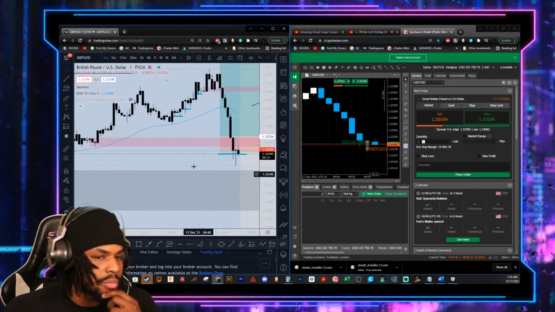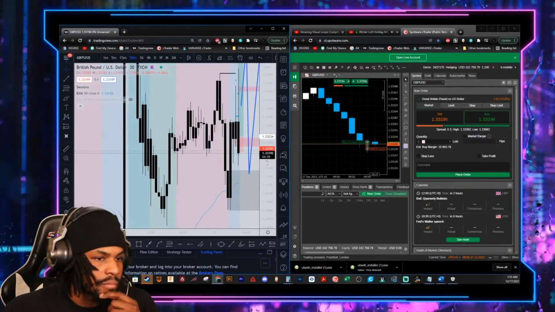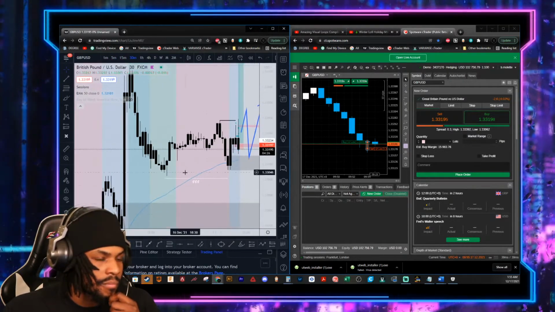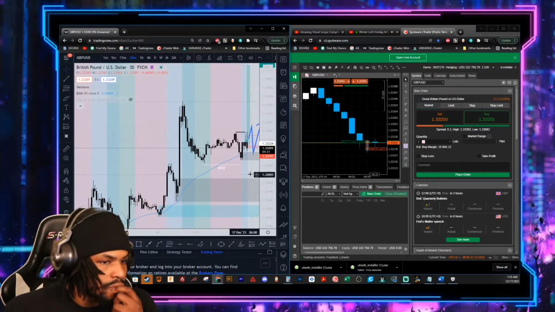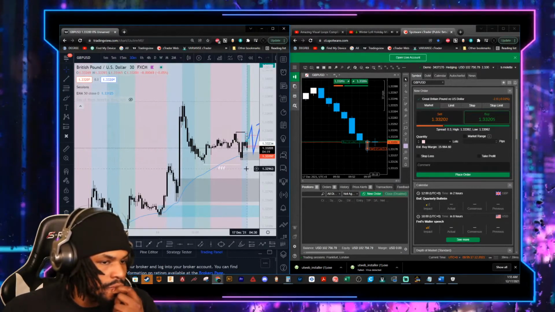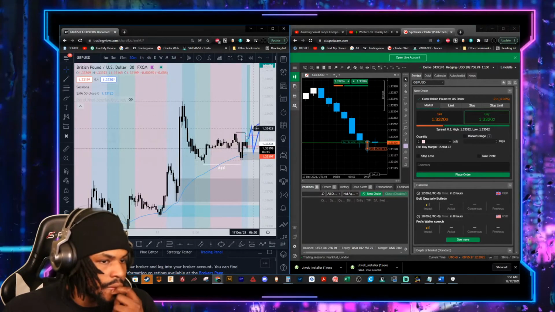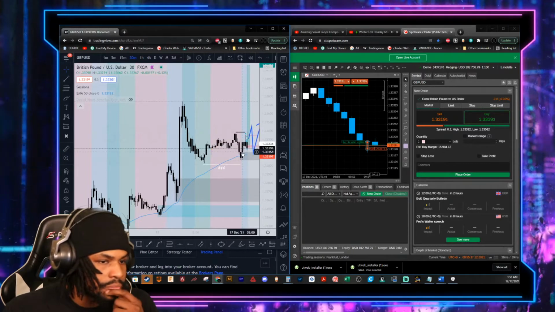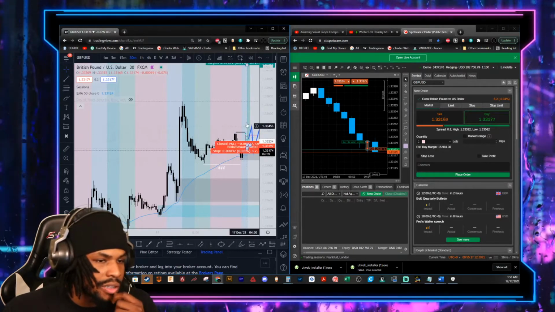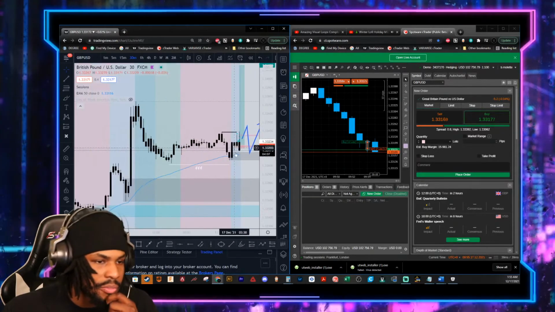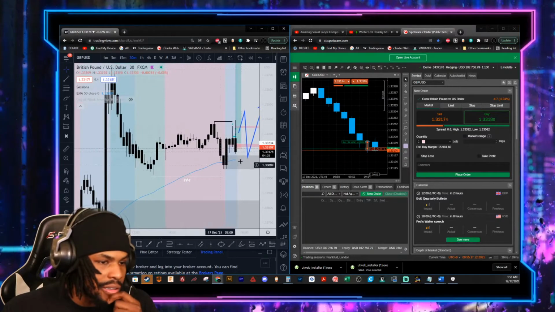I'm not looking to buy yet. Barely broke that level. I wish I could have seen some cleaner price action instead of just some wicks up breaking those levels, but got to keep in mind there's liquidity down here.